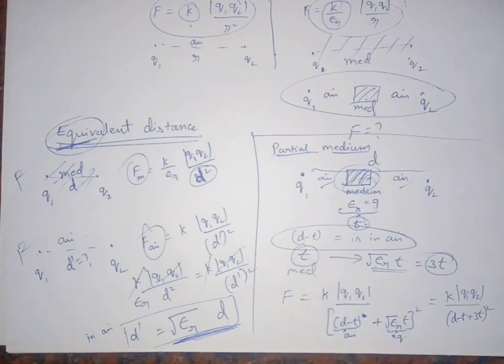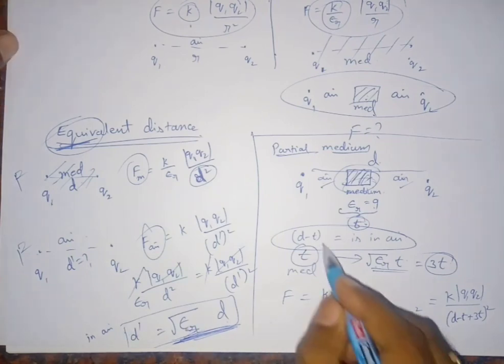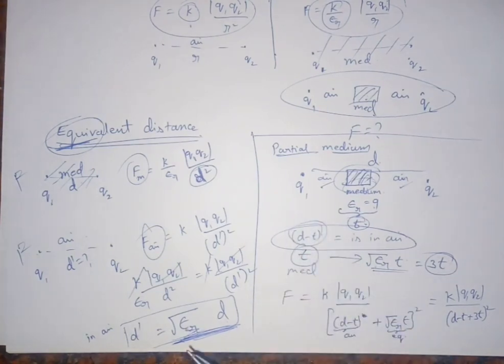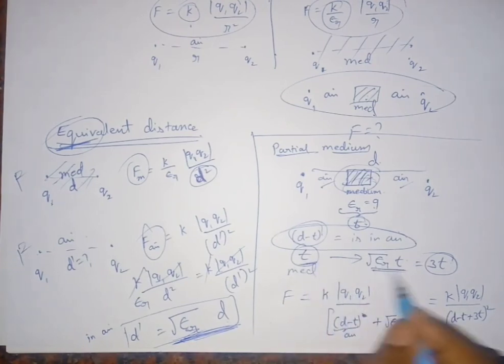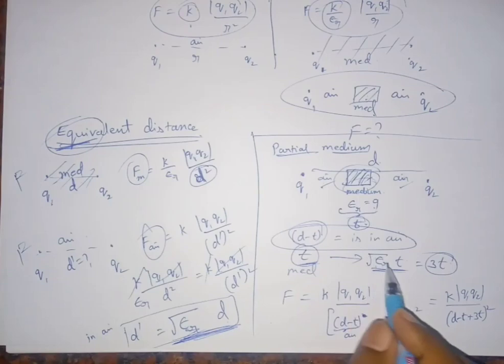If something is in medium, then we write its equivalent distance in air by taking it as root epsilon r into t. So if it is already in air, its equivalent distance is the same thing. If it is in medium, its equivalent distance is root epsilon r, where r is the relative permittivity, into t. That's an expression. I hope you understood that.